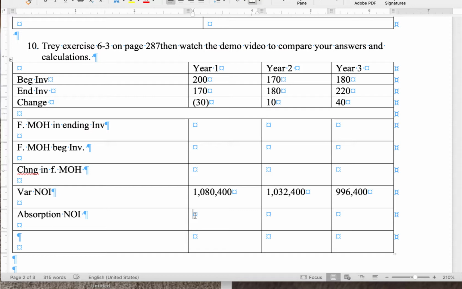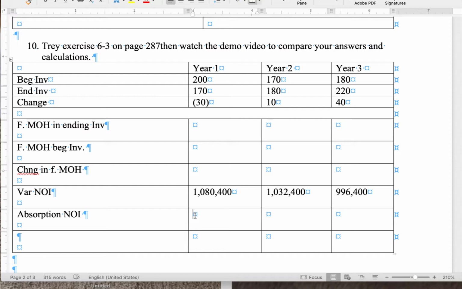So what we're trying to figure out here is the change in fixed manufacturing overhead, and how that applies to reconciling variable net operating income with absorption net operating income.